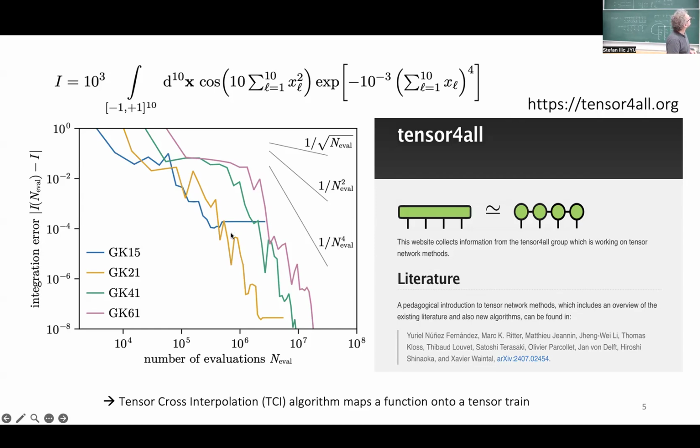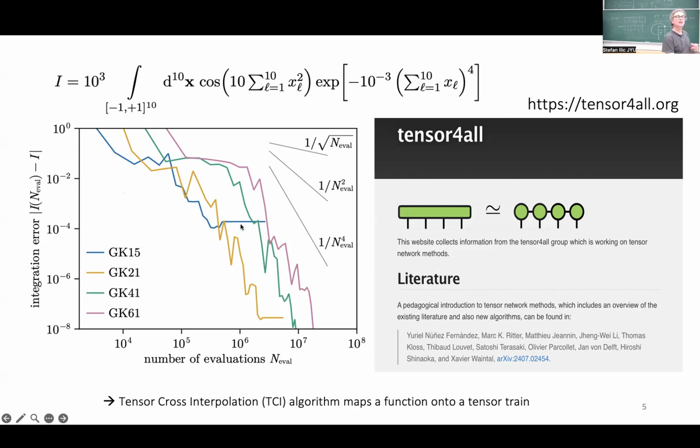Here we are not using quantics, it's using regular quadratures. GK15 means Gauss-Kronrod 15. So it's a regular Gaussian quadrature with 15 points per dimension. So that's a total of 15 points to the power 10. Here, 61 points to the power 10. Age of the universe, etc. You know it. And you see that, for instance, the blue one here saturates at 10 to the minus 4.